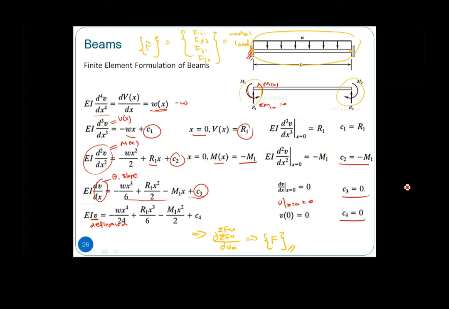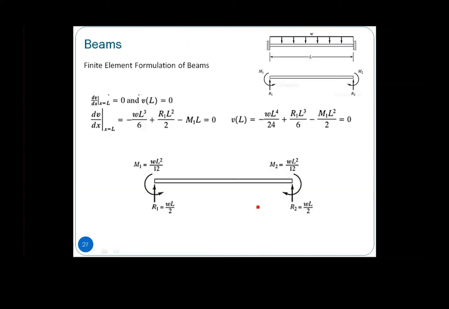Then it gives us our deflection Vx equation and also our theta x equation. Then we can use them to determine our unknowns, R1 and M1, and from there R2 and M2.